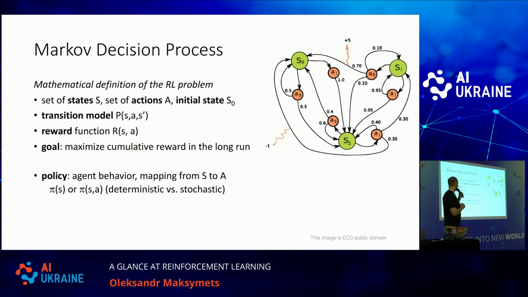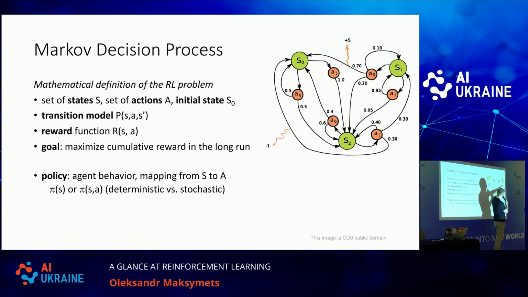And the important thing is policy. Policy is the agent's behavior. So for each state, we know the probability of a particular action. What does that mean? That means that our agent from this state can do several actions, and these actions are not deterministic.